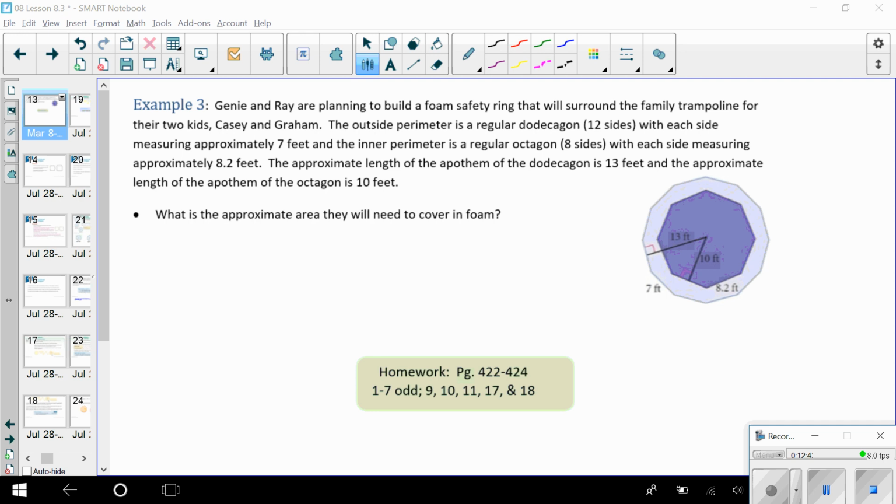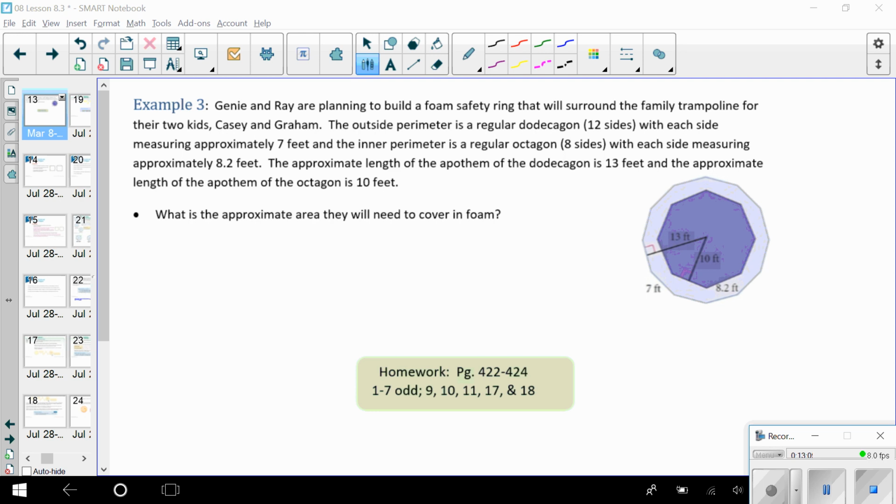So in this problem, we need to find the area of the trampoline and the area of the foam safety ring. The trampoline is the octagon, the 8-sided figure, and the foam safety ring is the 12-sided figure that's around the outside of it.